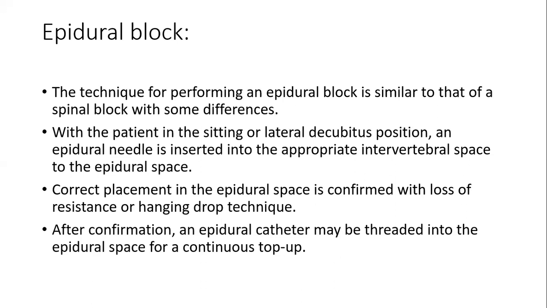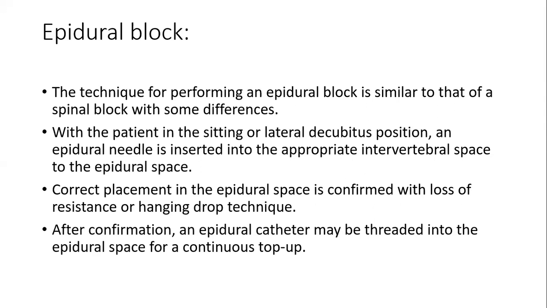Note that contrary to spinal, where confirmation of correct placement is free flow of cerebrospinal fluid, confirmation of correct placement of the epidural needle is with loss of resistance, or what we call the hanging drop technique. You go gradually and you feel a give, then you feel a loss of resistance.